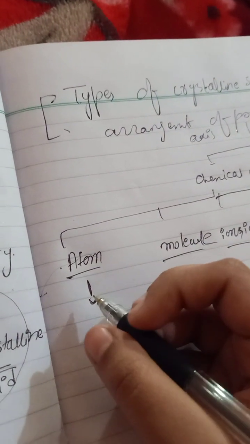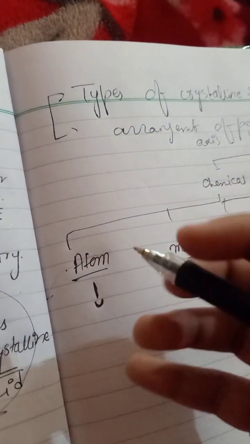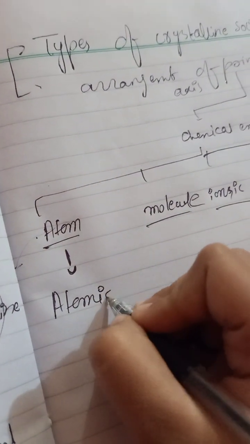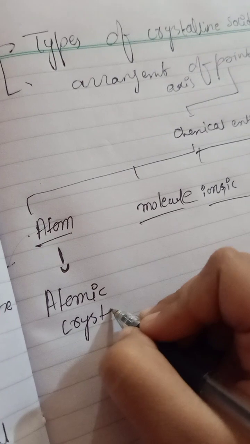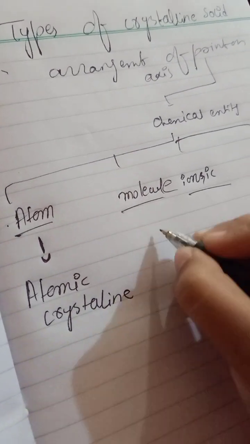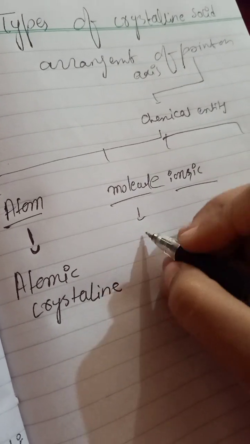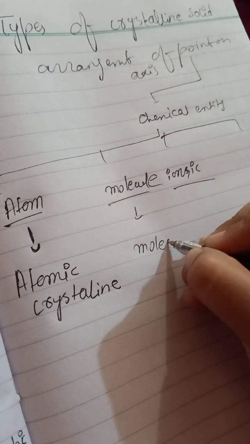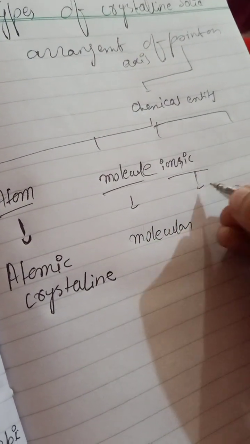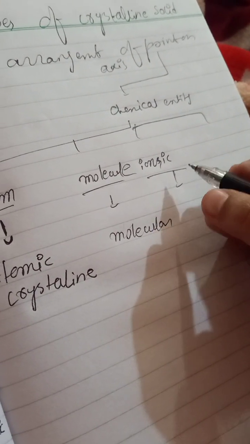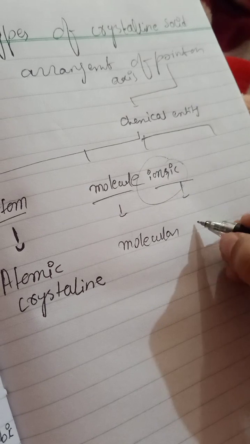If the crystalline solid is made up of atoms, we call that an atomic crystal. If the solid is made up of molecules, we call that a molecular crystal. If the crystalline solid is made up of ions, we call that an ionic crystal.